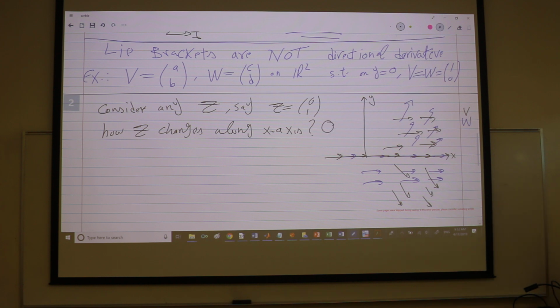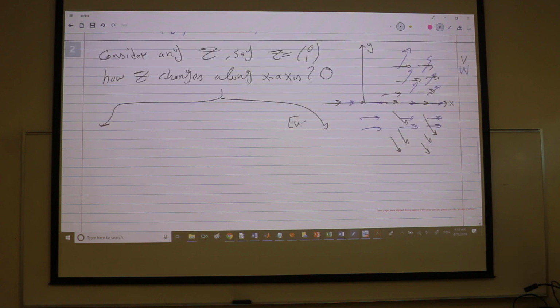So what is the Euclidean answer and what is our answer? The Euclidean answer is: pick any vector along the x-axis, which is V or W, it doesn't matter, or any other vector.